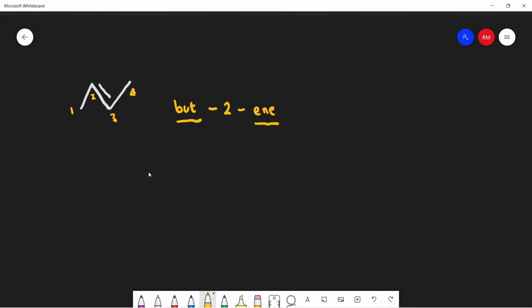So let's consider this organic compound instead. Let's consider this one here. So how might we go about naming this? Well, we can see that we obviously have a methyl group here, and I've gone over naming some of these methyl groups in a different video.